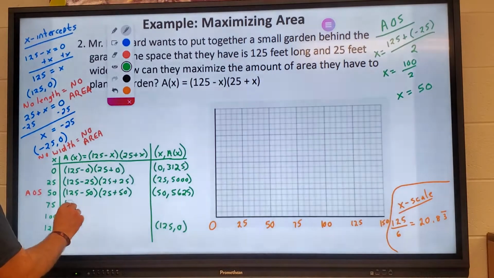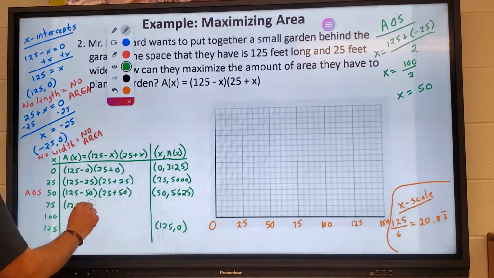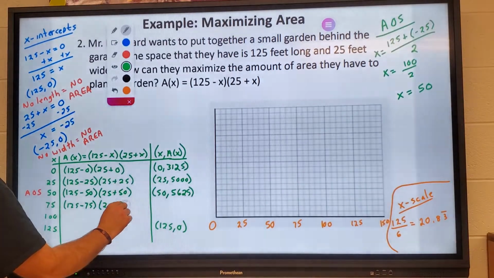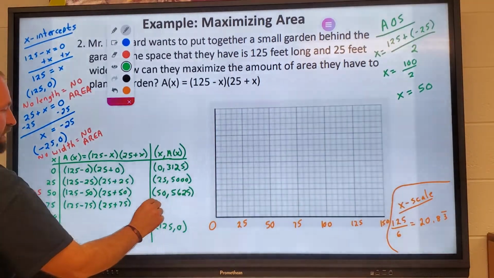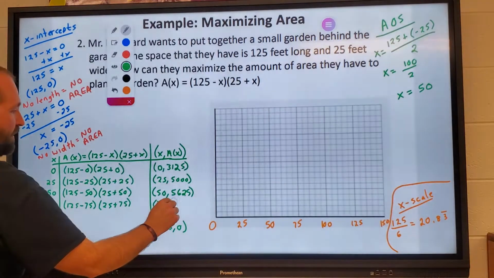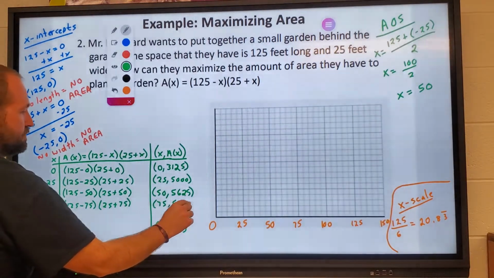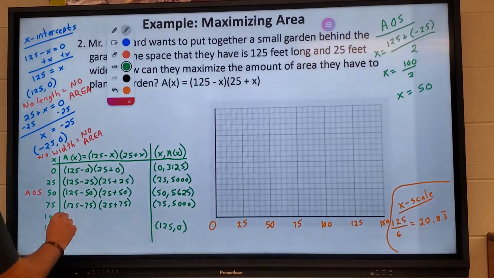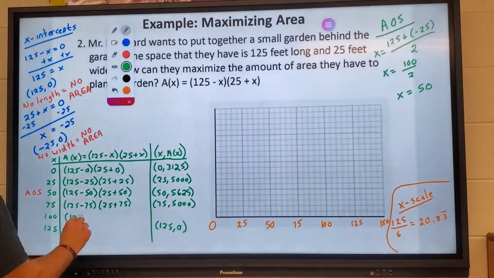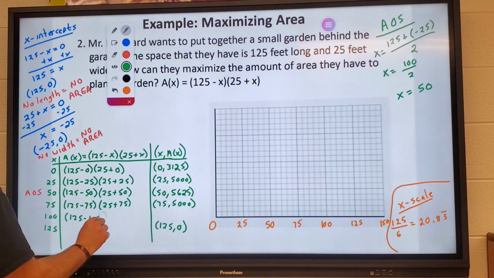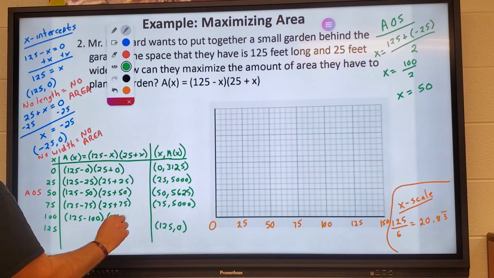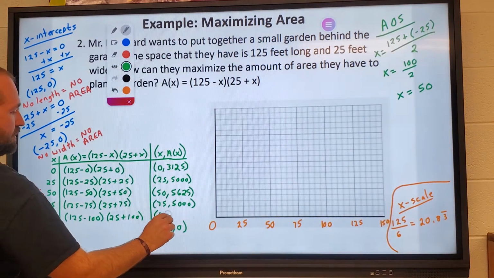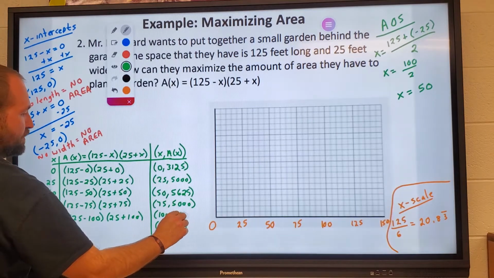Continue, I have 125 minus 75 times 25 plus 75. Work that out, you have 75 comma 5,000. And if you plug in 100, we have 125 minus 100 times 25 plus 100. Which is going to give me the ordered pair 100 comma 3,125.